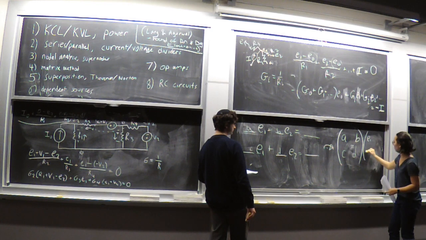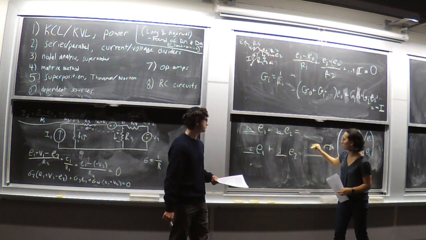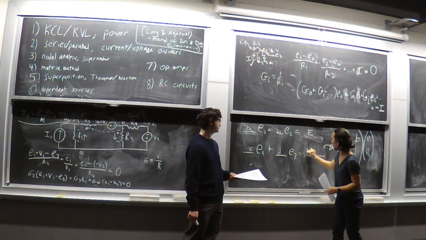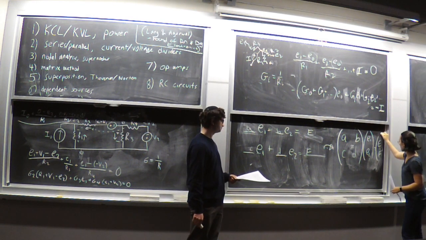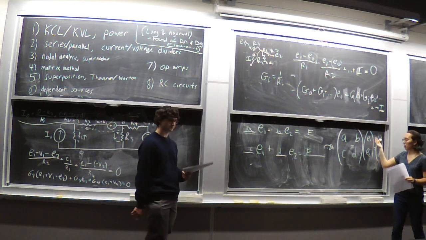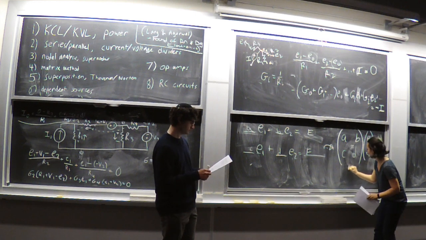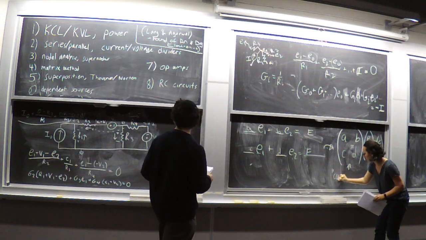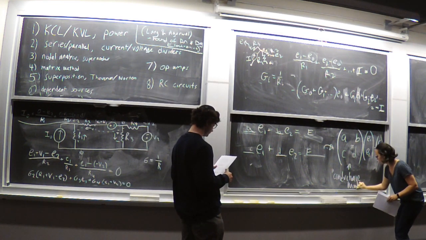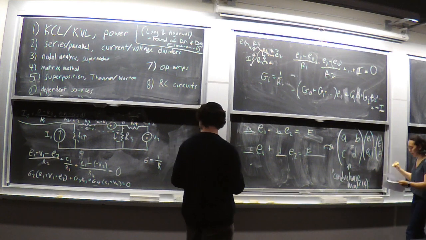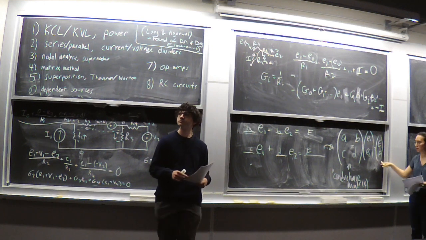You have some vector E1, E2 of your node voltages, and I'll give these constants E and F. So it might happen that you'll be asked to give this matrix, which is the conductance matrix. And these are your unknown node voltages that you're solving for, and these are your independent sources.